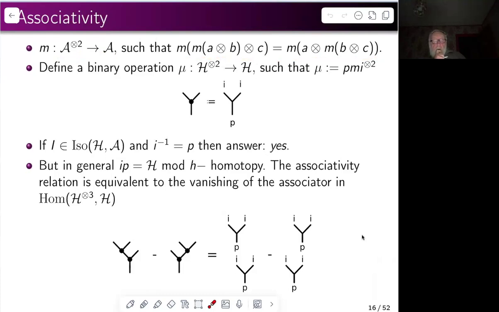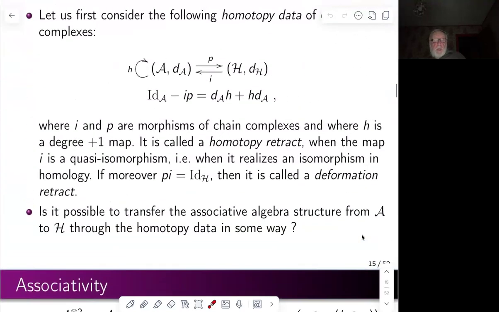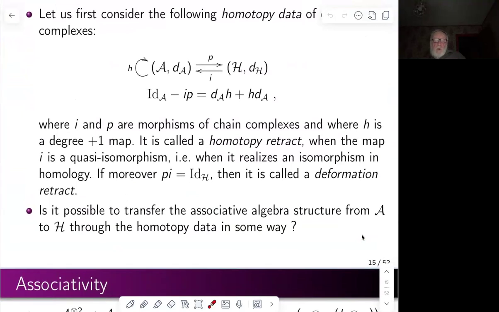Now we want to define on H a similar binary operation mu using some map I, some map P, and our multiplication on A. I and P are maps from this homotopy data, so P from A to H and I from H to A.